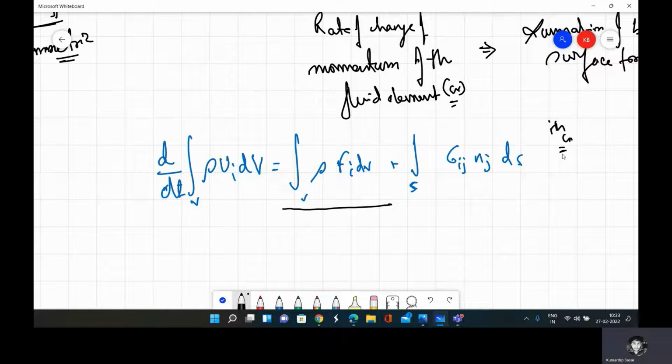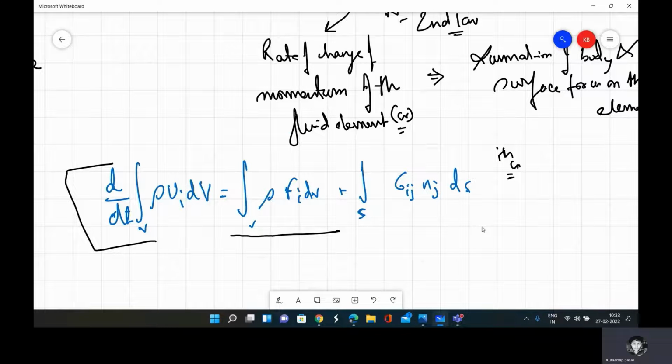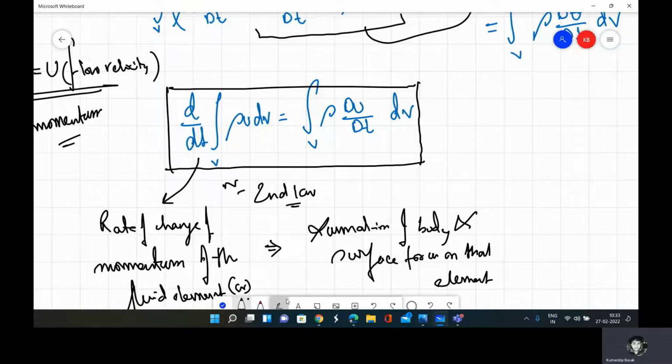Fine. Or again, we can write in a simplified way, because this left hand side, as we have proved from the conservation principle, is equal to this.